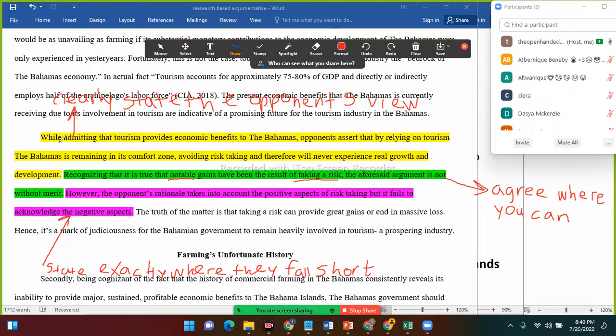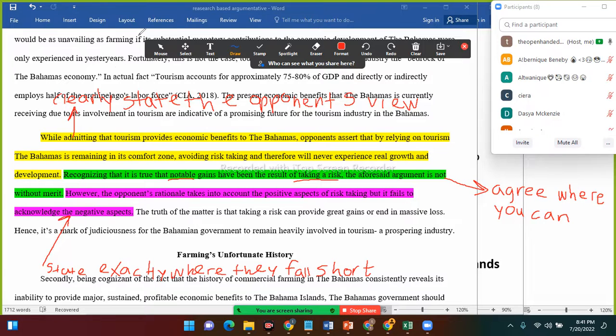You don't want to present the opponent's view in a way that you can't rebut it. You need to fix it such that you can actually rebut it, because otherwise you end up with an opponent's view that you can't rebut. So be careful about that.